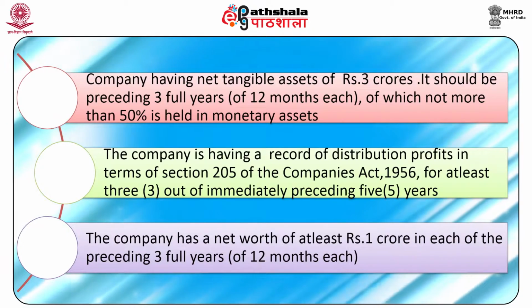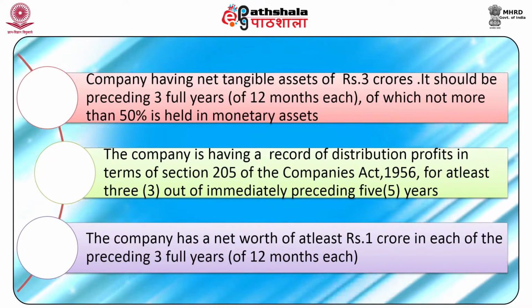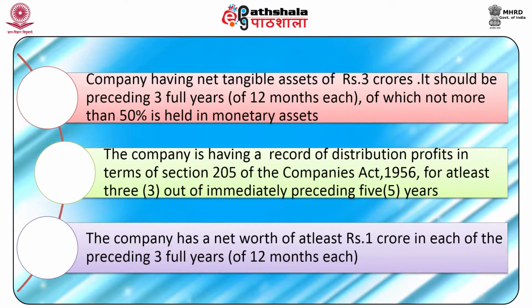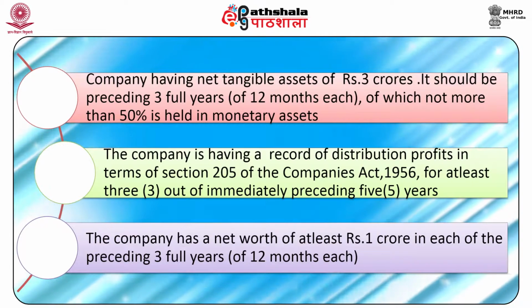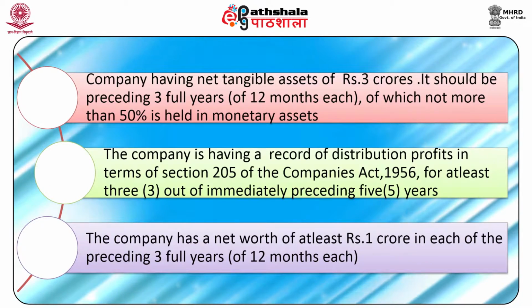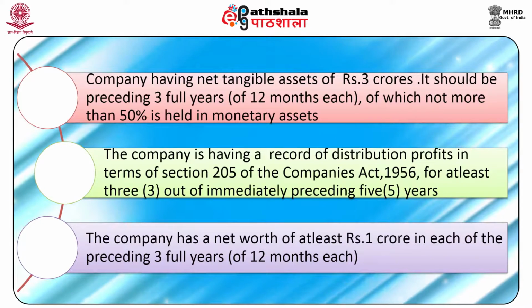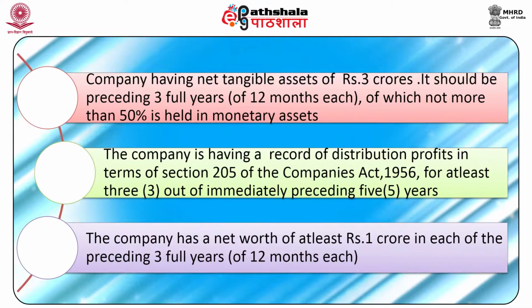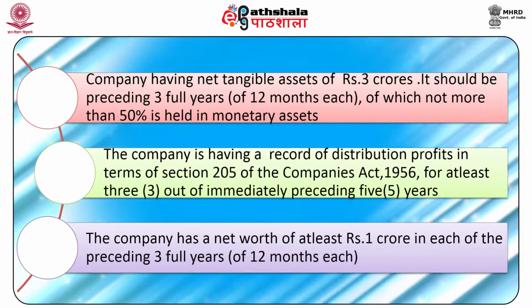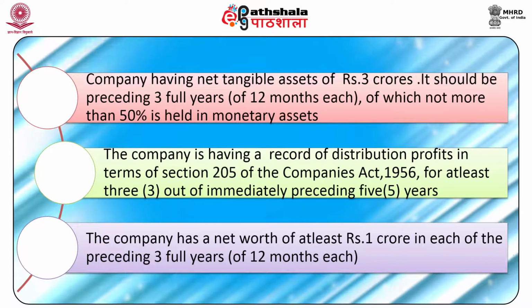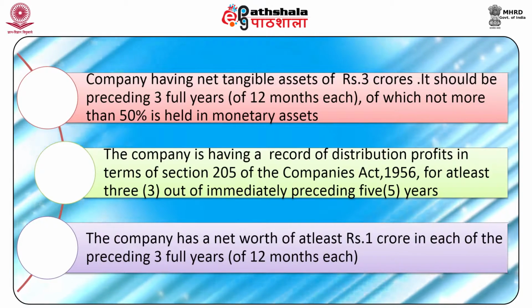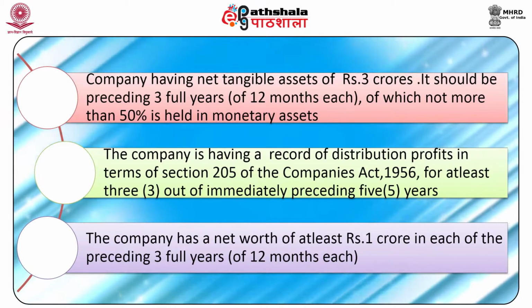A. The company has net tangible assets of rupees 3 crores in each of the preceding 3 full years of 12 months each, of which not more than 50% is held in monetary assets. B. The company has a record of distributable profits in terms of section 205 of the Companies Act 1956 for at least 3 out of the immediately preceding 5 years. C.